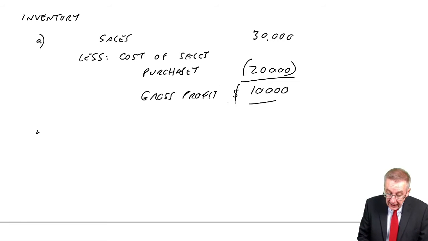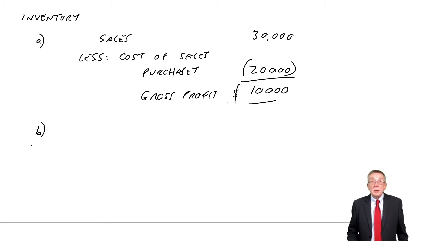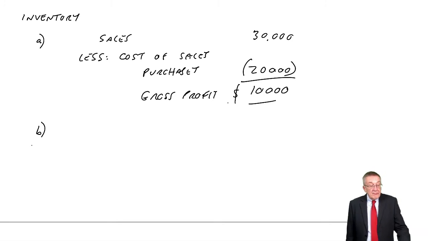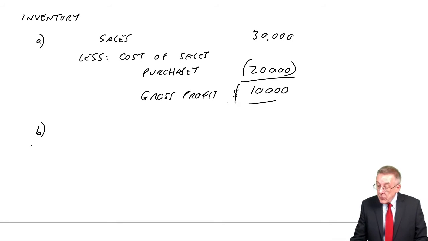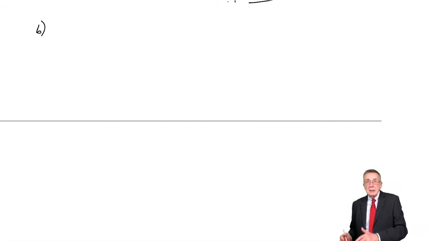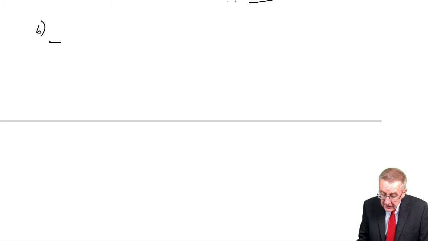Part B says, now let's show how the double entry worked. We did all this before in an earlier chapter. But let's do it all over again. Let's play bookkeeper and accountant. First of all, we made purchases of 20,000. The double entry: credit cash or payables, debit purchases 20,000.